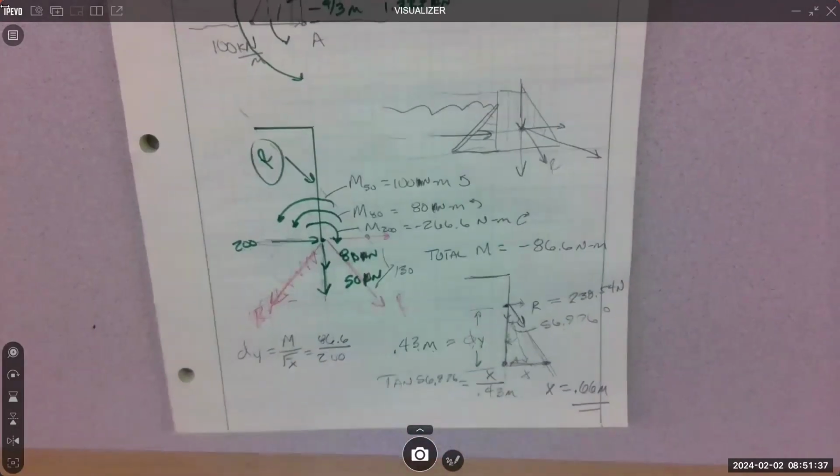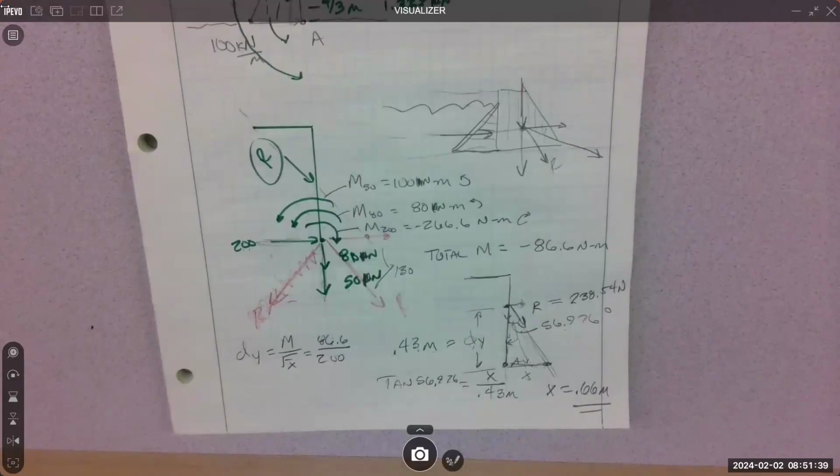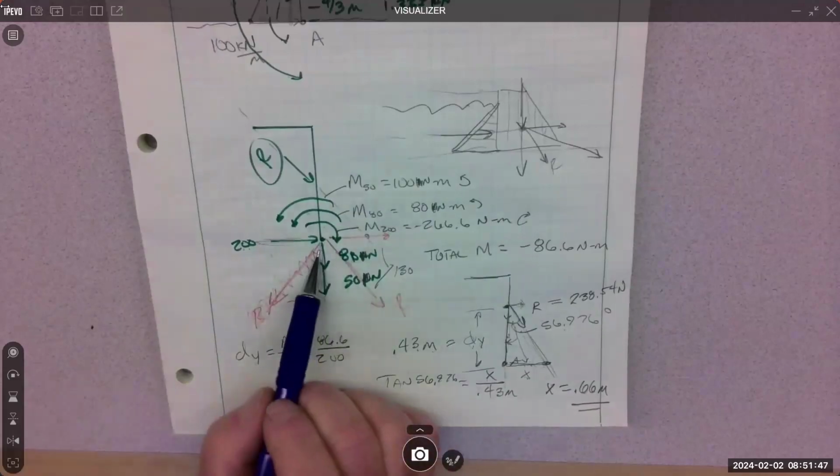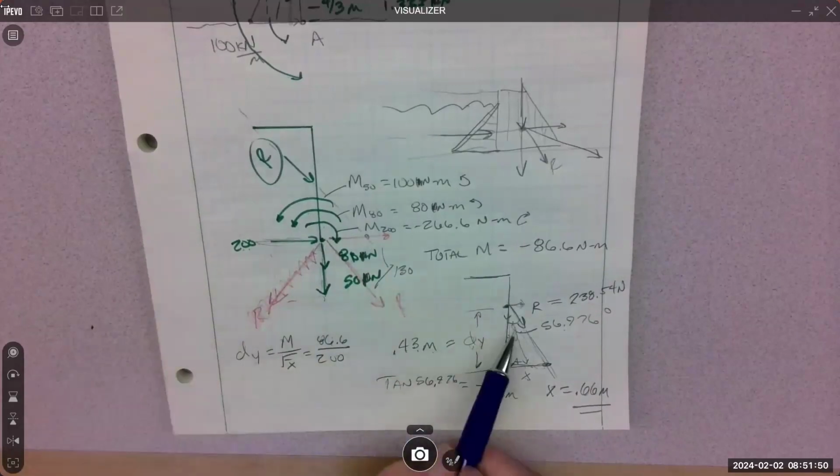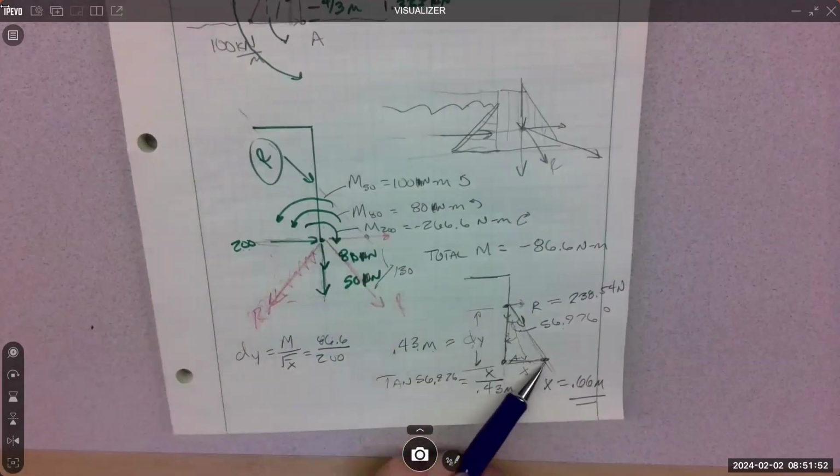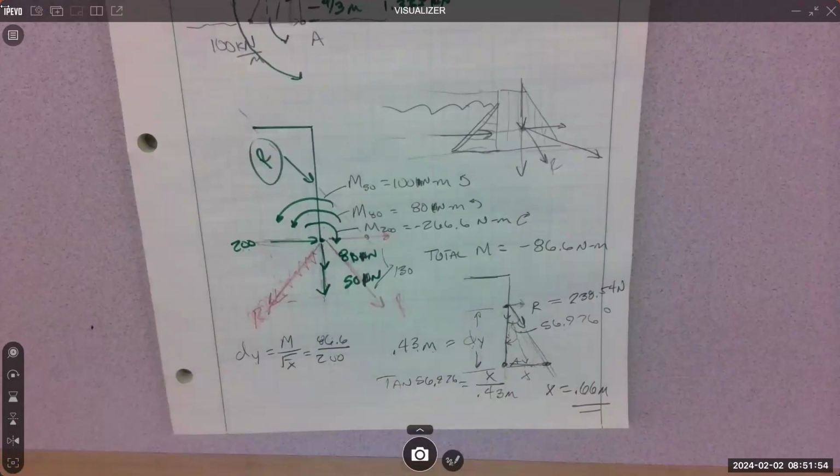Tricky, man. That's a long process to get from the given distributions to all the concentrations, to putting them all at one location, to finding the resultant, and then shooting the resultant down to see where it intersects the grade. It's a big, long process.